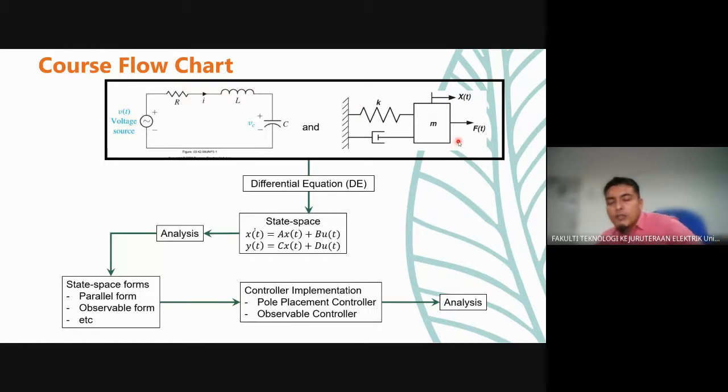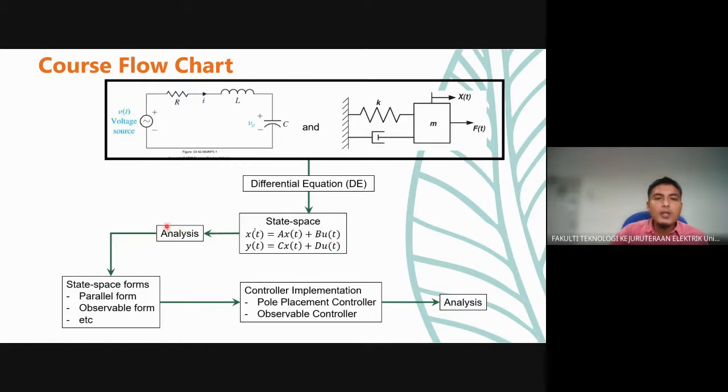You need to convert these systems into differential equations. After that, you can obtain the state space equation. After you obtain the state space equation, you do the analysis.